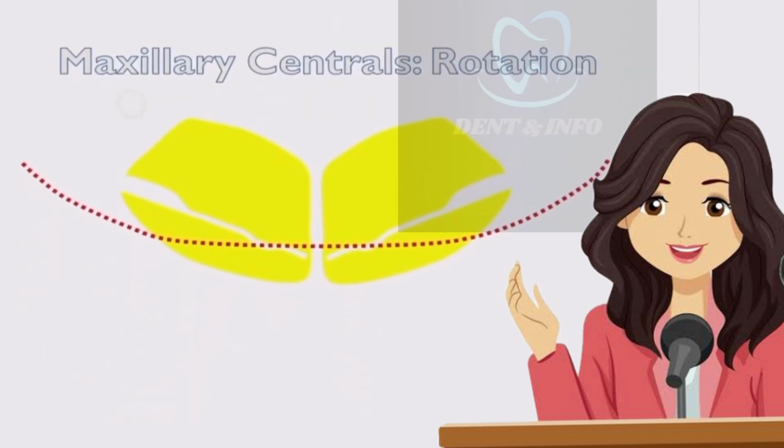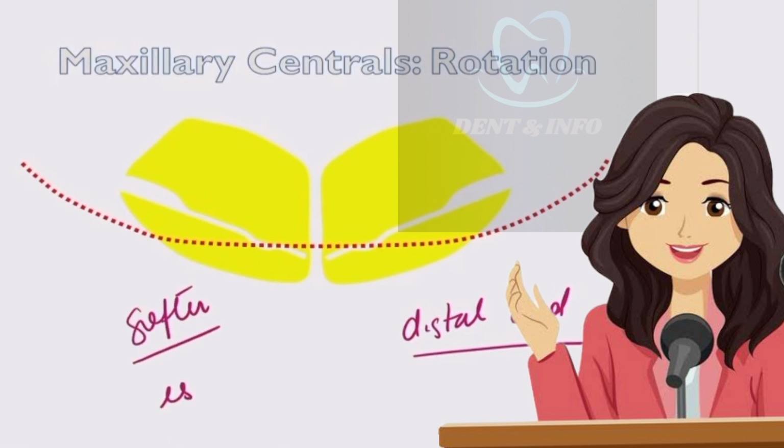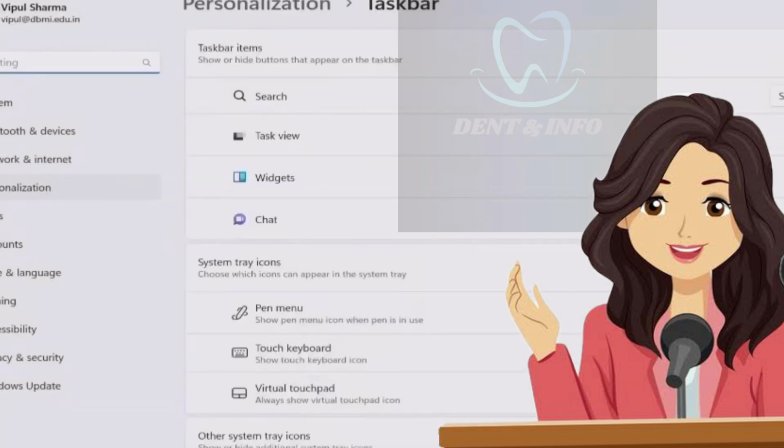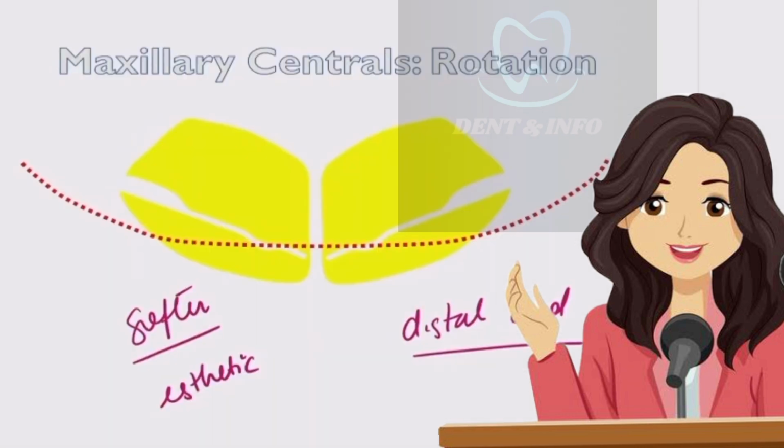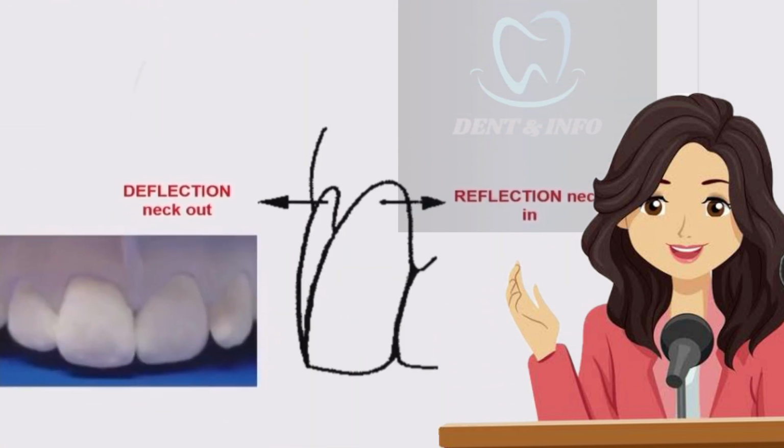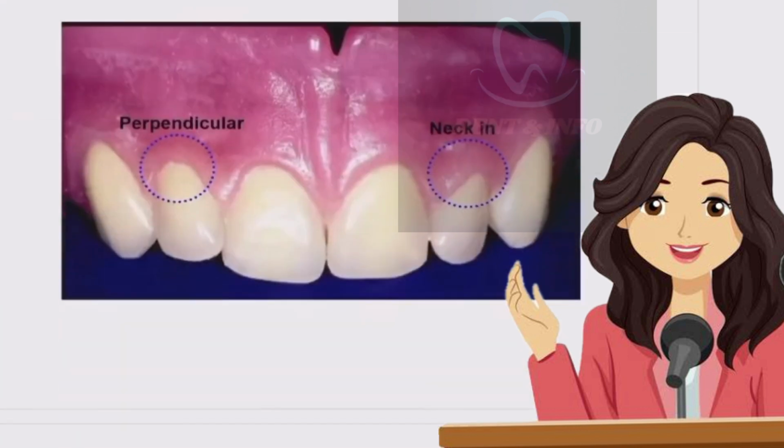But if you slightly rotate it like this from the distal end, this gives a very softer, sometimes even an aesthetic appearance. So this gives a softer aesthetic appearance. Right? So that is for maxillary centrals.